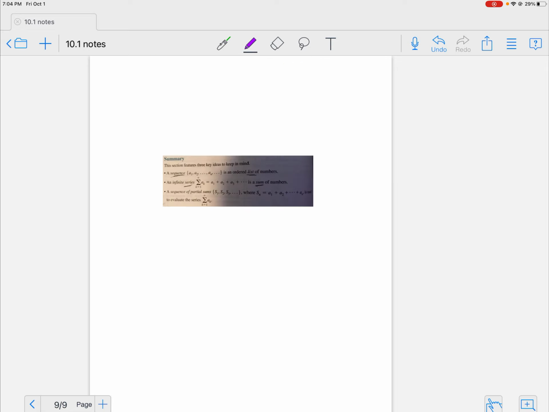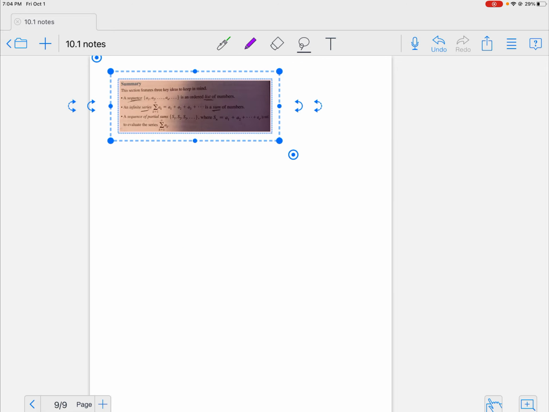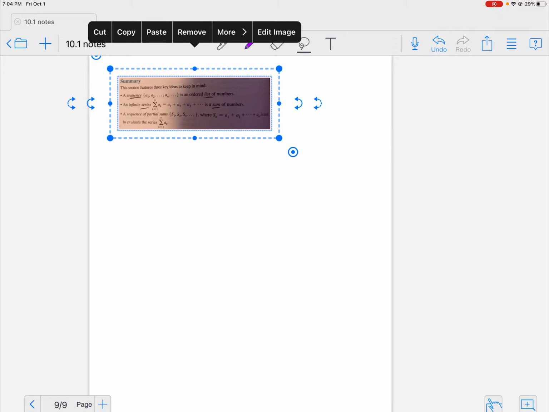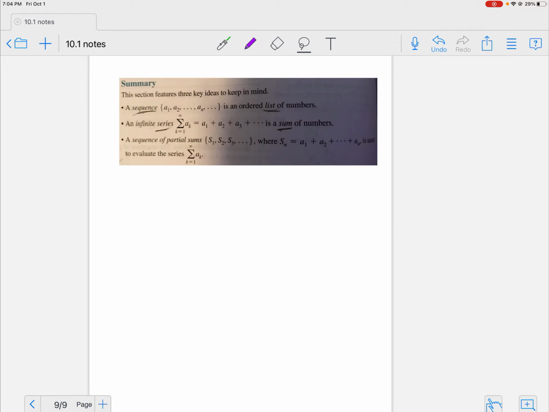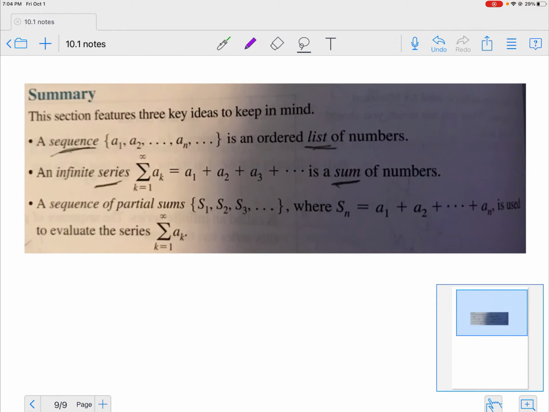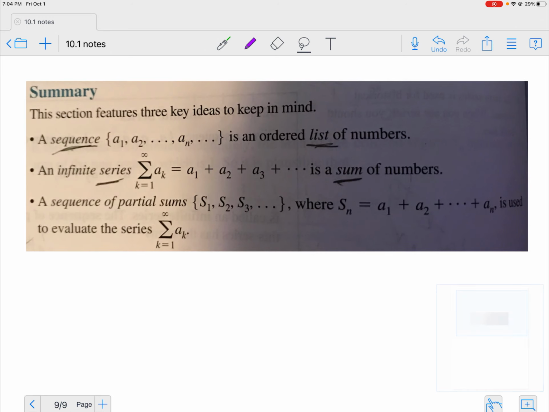Yeah. All right, check this out. I'm going to make this a little bit bigger. Oops, not quite that big. We're not going to get too crazy on it. Here is the summary of this section. So remember, this is called an overview. So we have talked about 3 main things. A sequence is an ordered list.